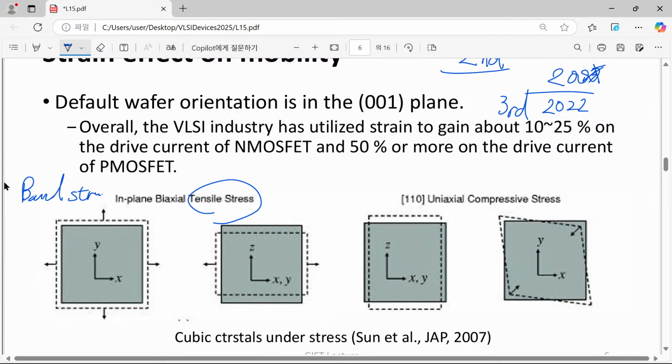Since we have made a change in our atomic configuration, the band structure itself is affected by that strain effect. So by changing this atomic configuration, we can intentionally increase or decrease the mobility of our silicon material.